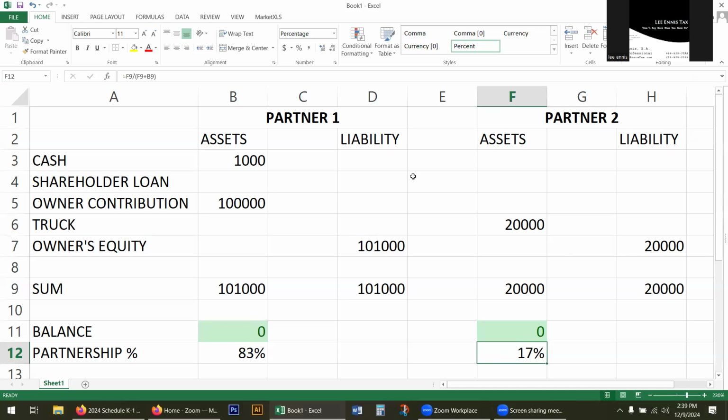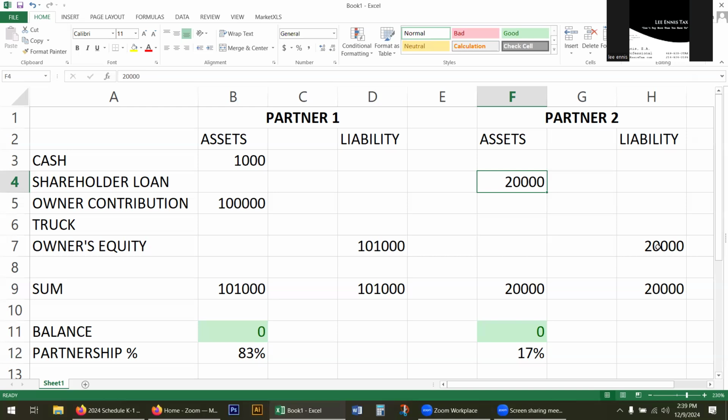Okay, what if now, this partner's $20,000 truck, instead of being set up as a truck, is a loan? So he's loaning $20,000 to the partnership, and now the partnership has to pay him the $20,000 back plus interest instead of it being equity.